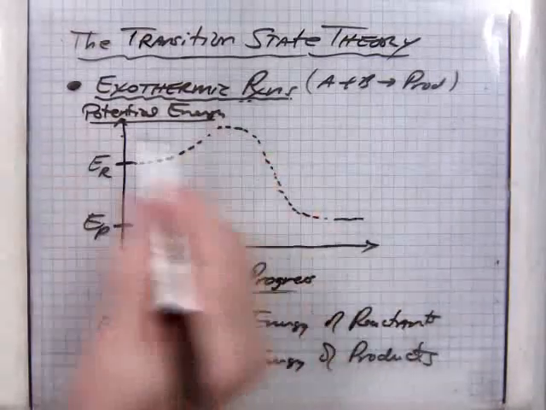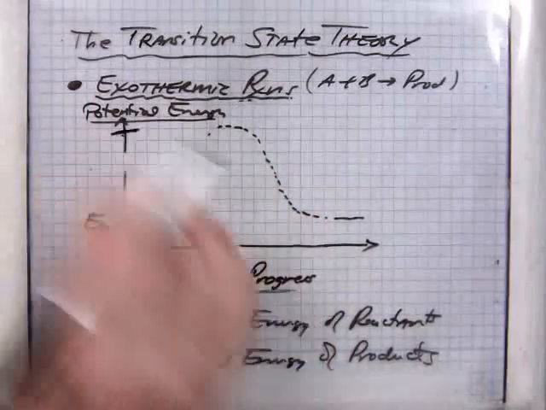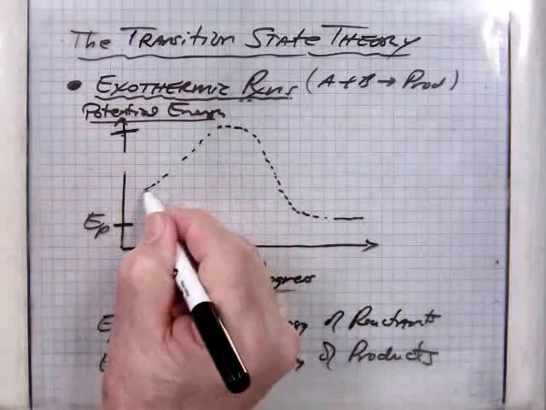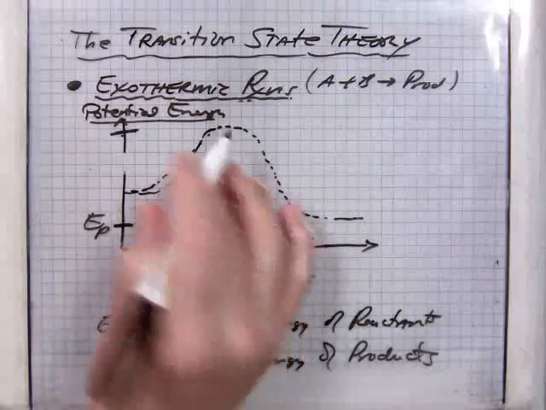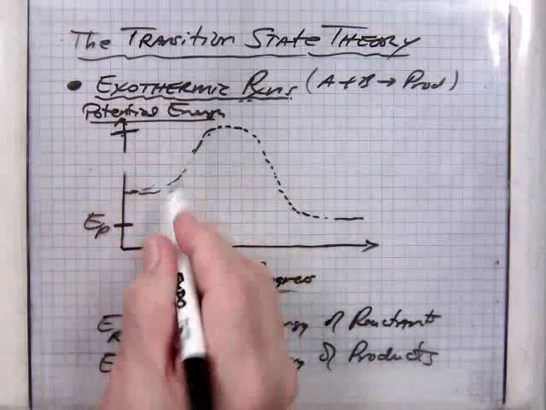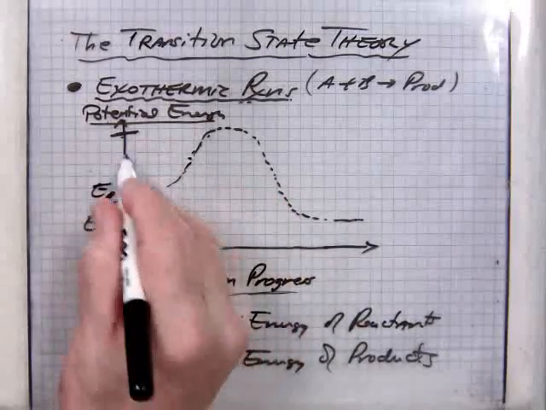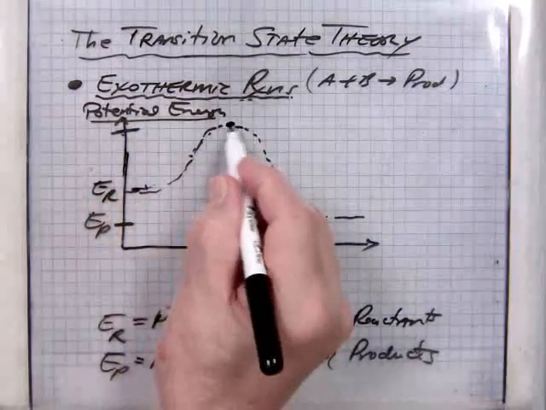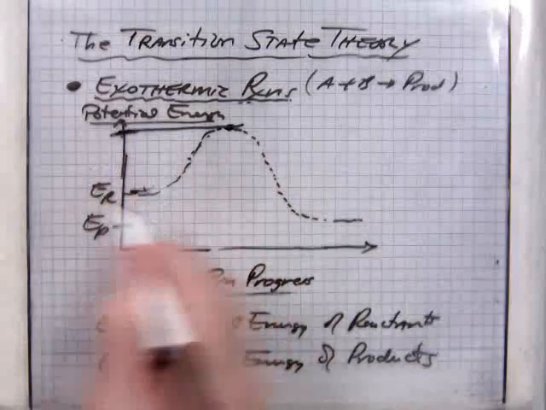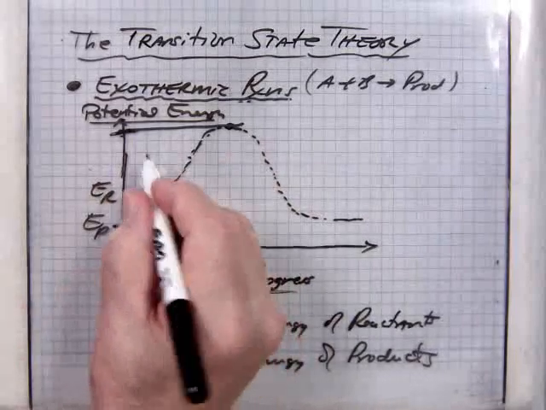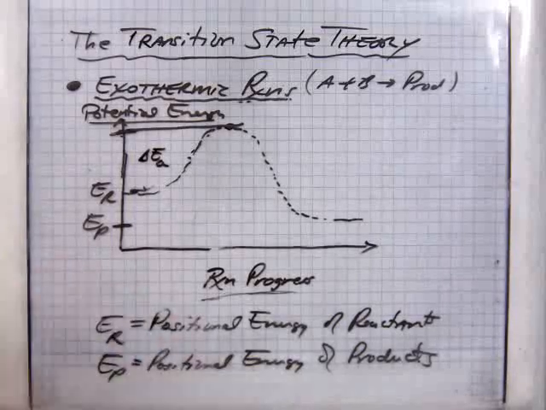This portion of it right here, I'm going to move this down so you can get a better graphic. There we go. This point here is raising the reaction to the activation energy, and so this is delta EA for that particular reaction.